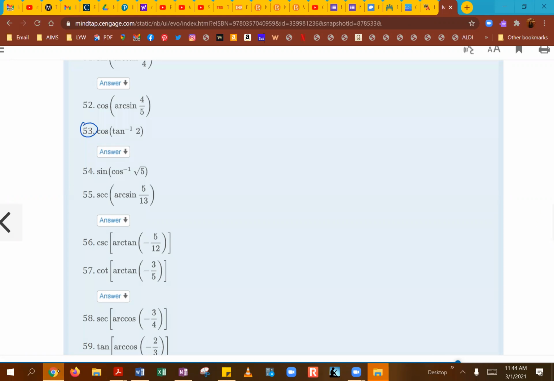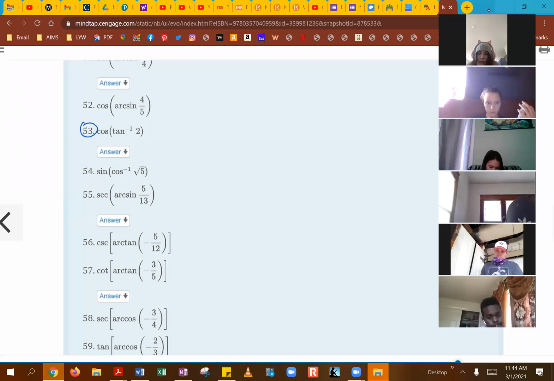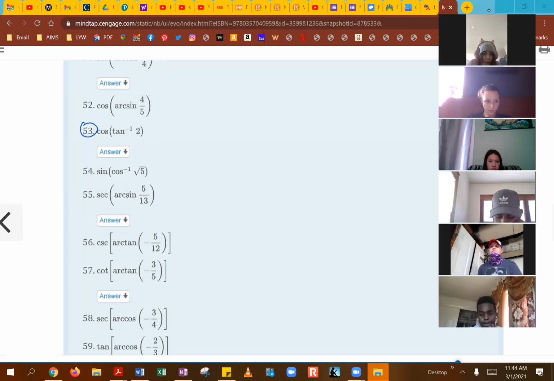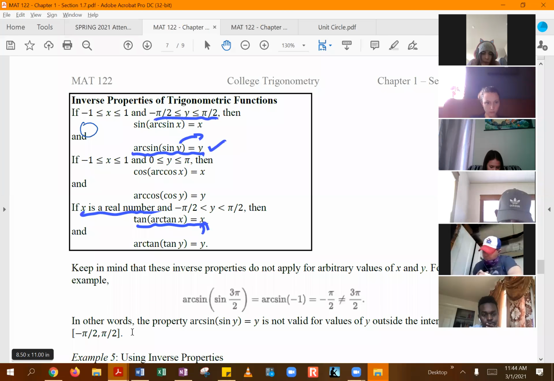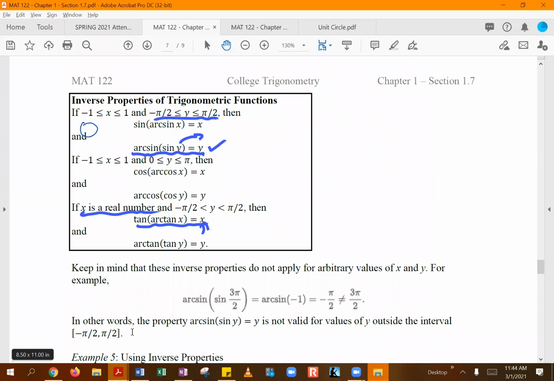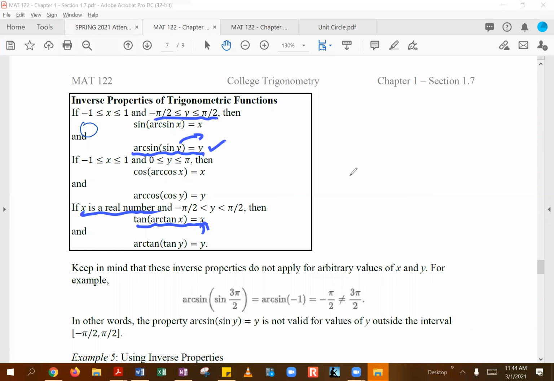Start with the inside function. What will tangent inverse or arctangent of 2 look like? Is that going to be within the defined range of your functions? So arctangent or tangent inverse, as they're calling it, of 2.